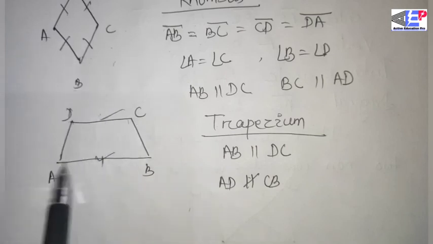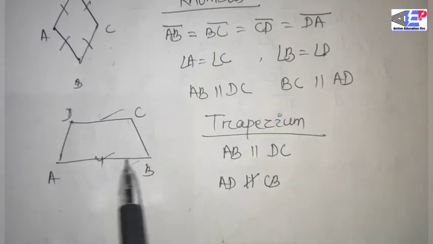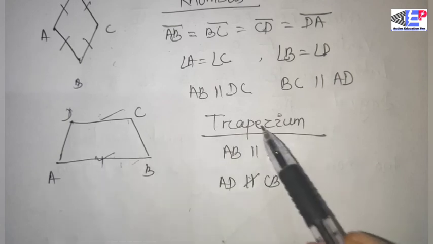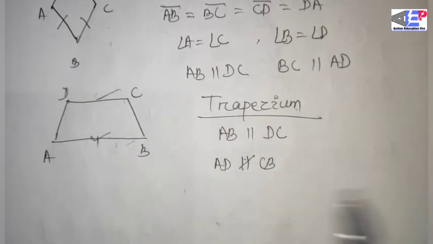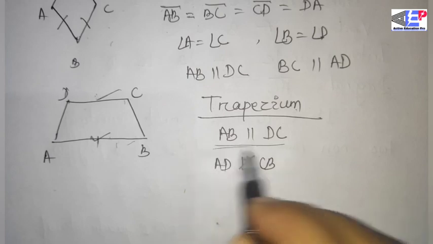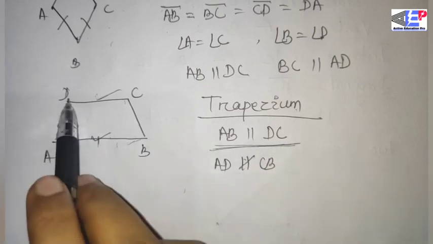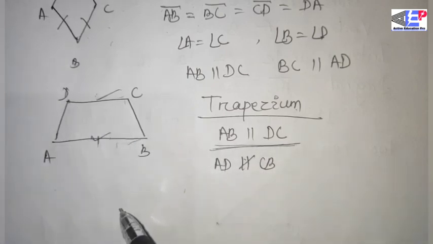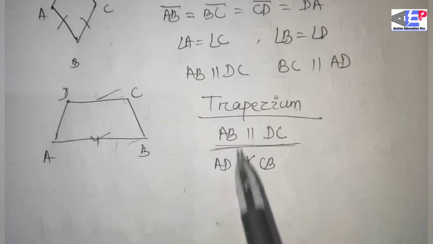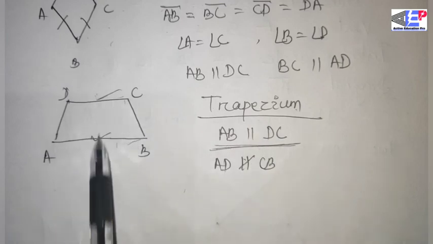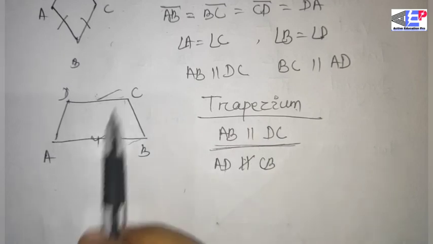But DC and AB don't meet in future because these lines are parallel. There are no conditions for angles because both pairs of opposite sides are not parallel. It has only one condition: AB parallel DC, at least one pair of parallel lines.